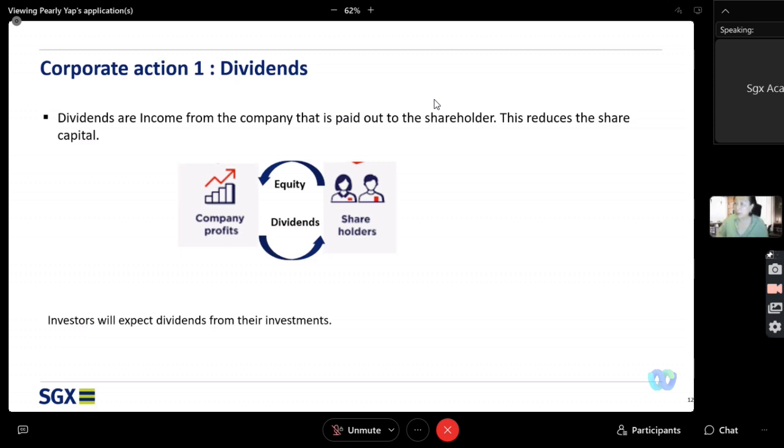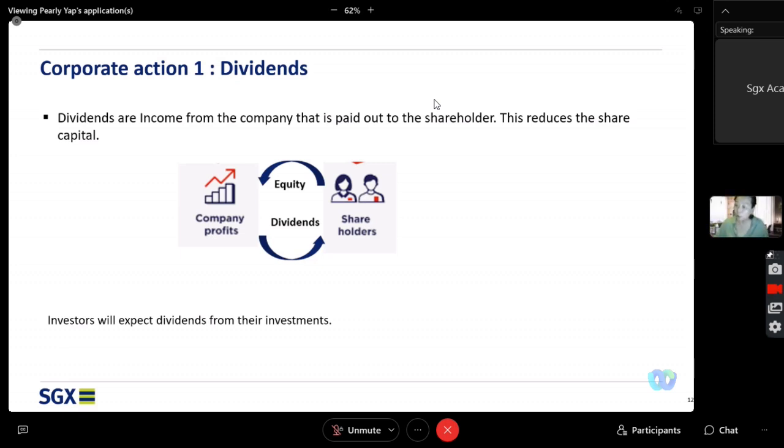And in a perfect world, if the management is working entirely for shareholders, anything that they don't need to retain because they don't need to invest anymore, everything generated from the profits of the company, they can actually pay all the profits to you as dividends.